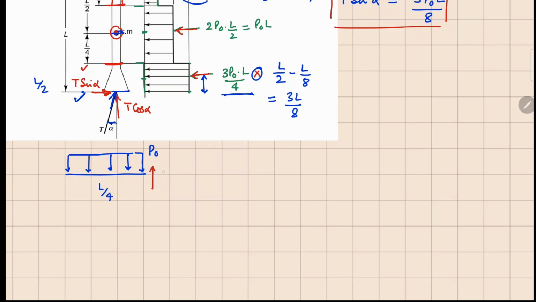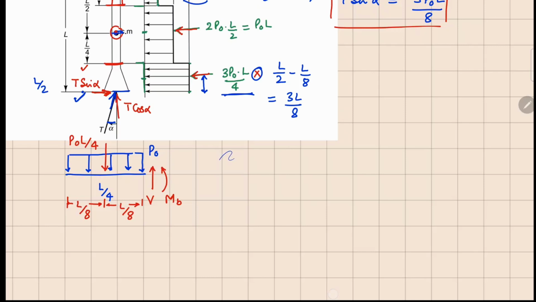If you think in terms of your shear force V and bending moment MB here, I can replace this uniform load with a point load with the value P naught L by 4, and since this is right in the middle, both of these lengths are going to be L by 8 from these sides.